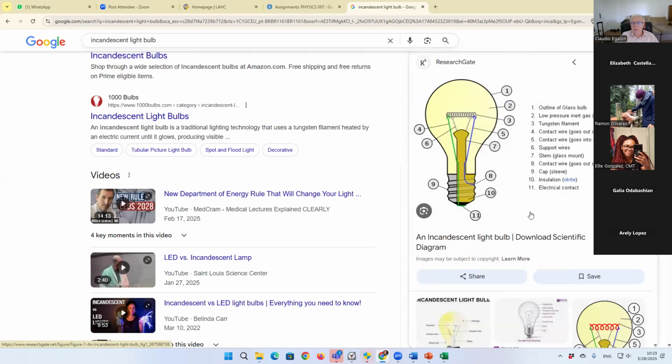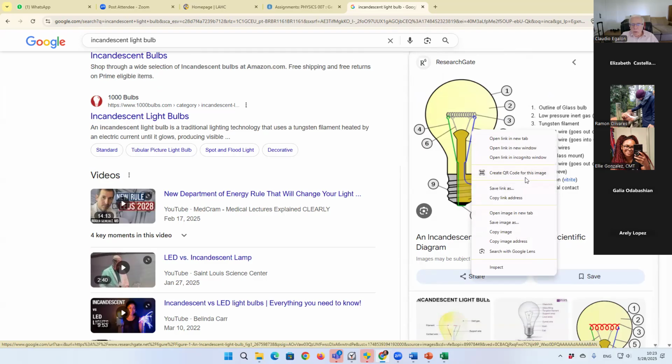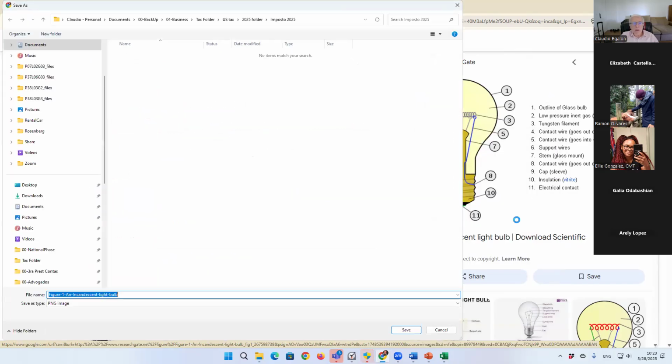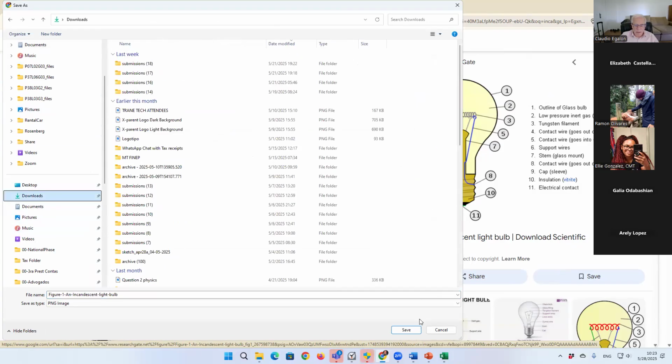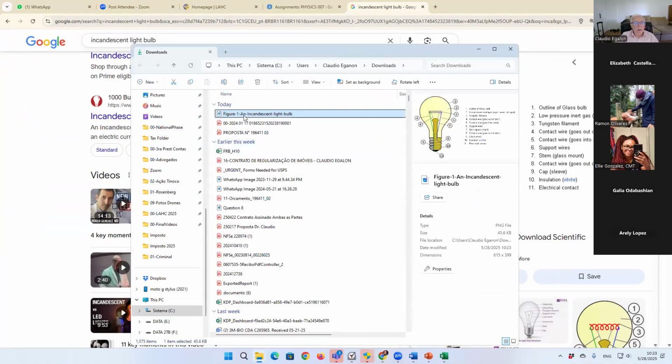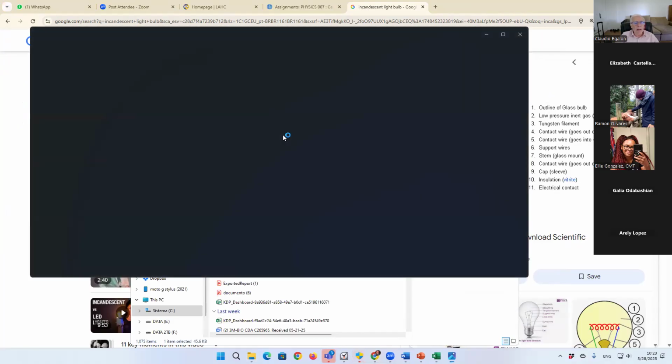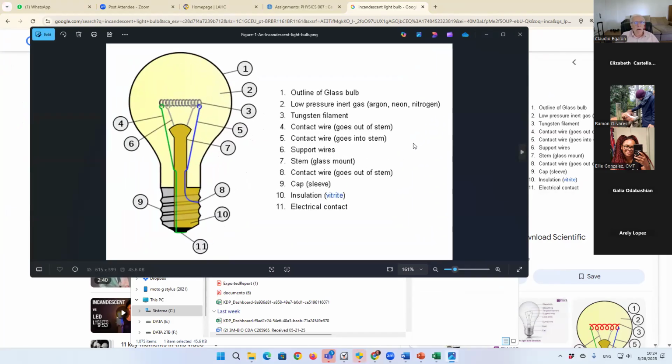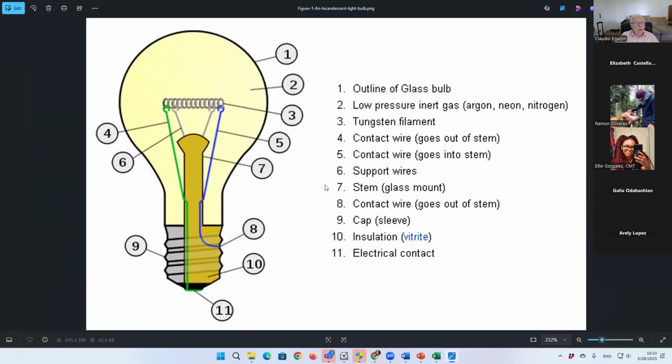This one is a good one. I like this one. Let's see if I can download it. Incandescent light bulb, and here you go. The flashlight bulb looks just like that. It's smaller, right? But it looks just like that.